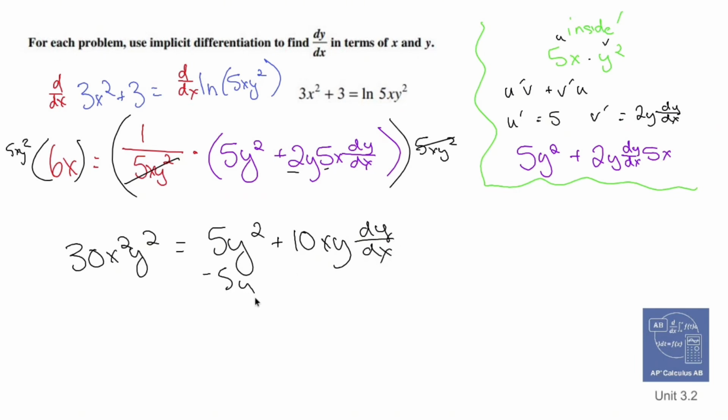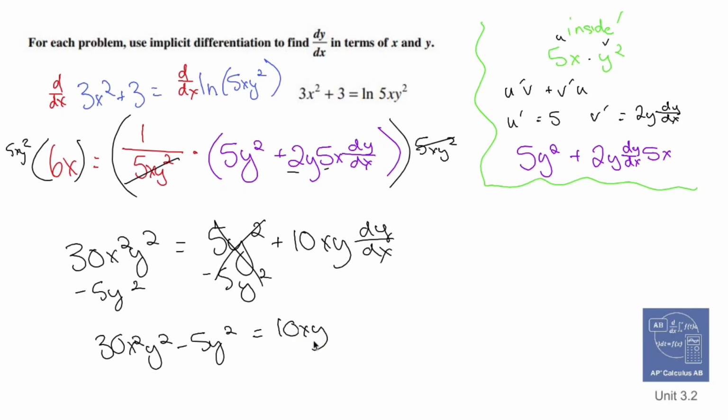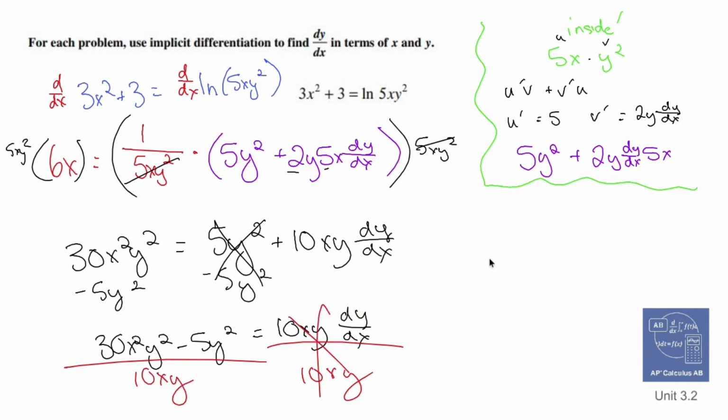Let's subtract 5y squared from both sides. So 30x squared y squared minus 5y squared is going to equal 10xy dy/dx. Last step, divide everything by 10xy, and some simplifying happens. 30, 5, and 10 are all divisible by 5, so 6, negative 1, and 2.